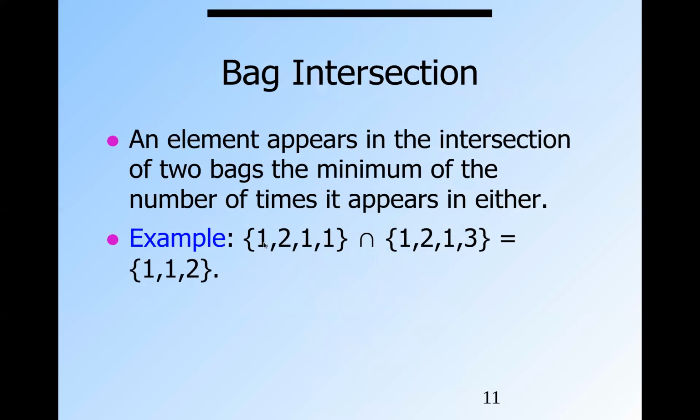It's not complicated, but for 1 here, we have 3 1s here and we have 2 1s here. That means that 2 1s are going to survive the intersection, and of course 2 1s survive the intersection there. It's just a way that these things get defined. I hope it's fairly clear.